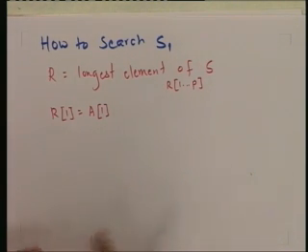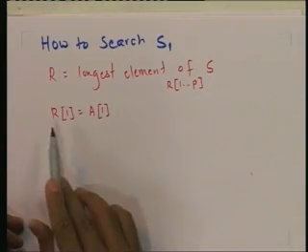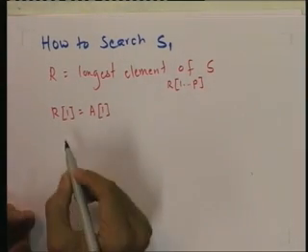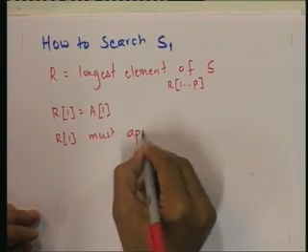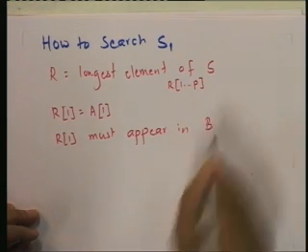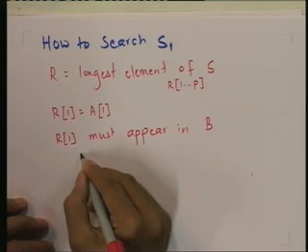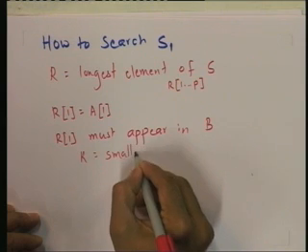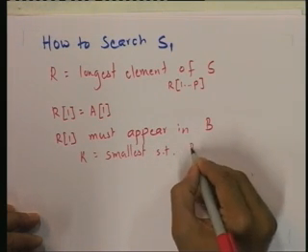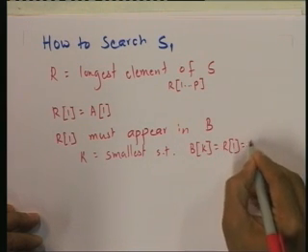Okay. Now, R is a subsequence of A as well as a subsequence of B. So, which means that R1 must appear in B as well. So, without loss of generality, let us say that K is the smallest such that B of K is equal to R1, or actually it is equal to A1.